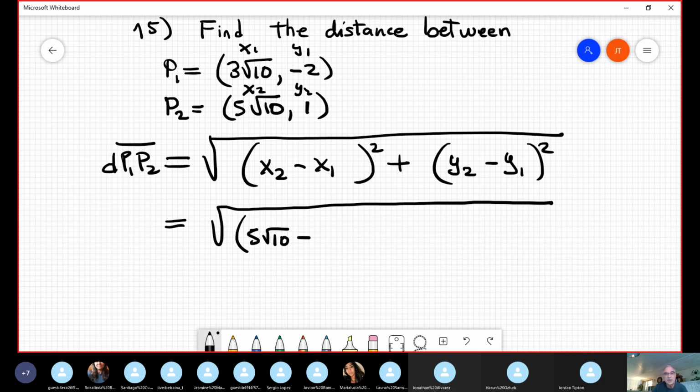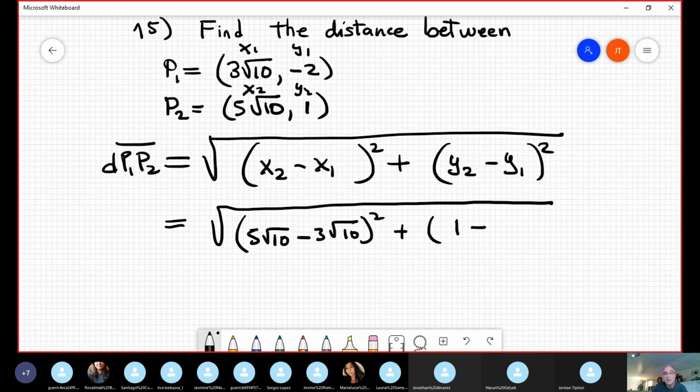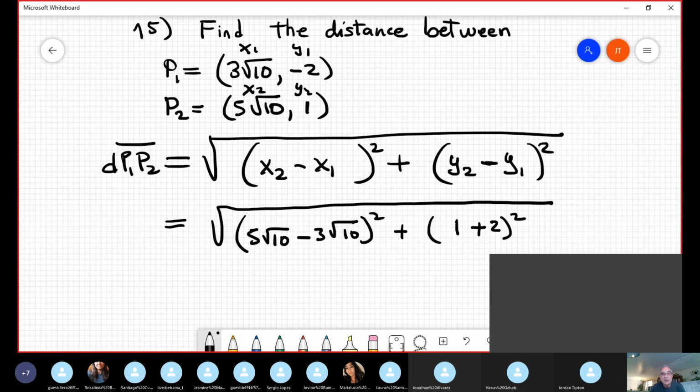X2 is 5 radical 10, x1 is 3 radical 10, squared, plus y2 is 1 minus y1, which is -2. So double minus, the minus of the formula and the minus of the value, becomes positive. Everyone follow me? And you combine 5 radical 10 and 3 radical 10 is 2 radical 10. 5 minus 3 is 2 radical 10.